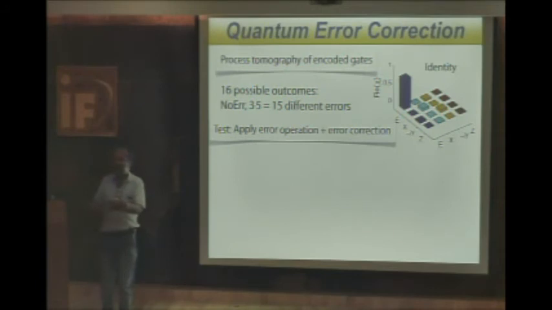And in the 5 qubit system, you have 4 qubits to detect the error. 4 qubits gives you 2 to the 4 possible measurements, and that allows you to detect these 16 possible outcomes.